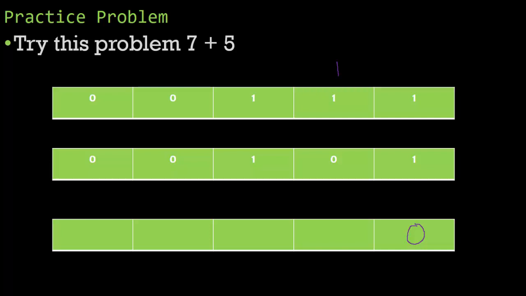When I have 1 plus 1, I have the same thing. I put a 0, I carry the 1. Now we have 3 ones in a row, which means I'm going to bring down a 1, and then carry the 1, and then we have 1 plus 0. When we have 1 plus 0, anything added to 0 is always going to be itself, not carrying anything this time, and then we have 0 plus 0, which is 0.